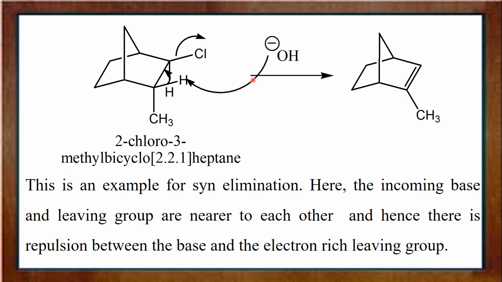Therefore, syn elimination takes place at a slower rate than elimination in molecules where the groups are anti-coplanar. So E2 eliminations take place at a faster rate in anti-periplanar conformations than in syn-periplanar conformations.